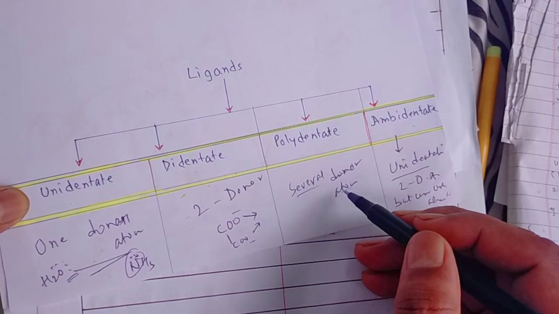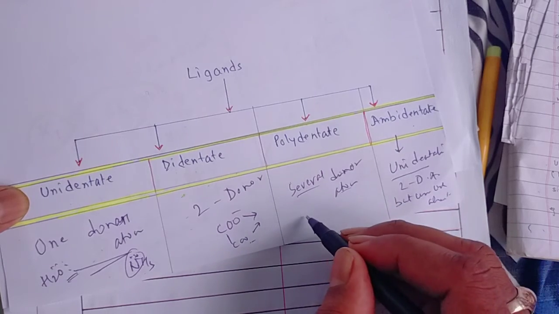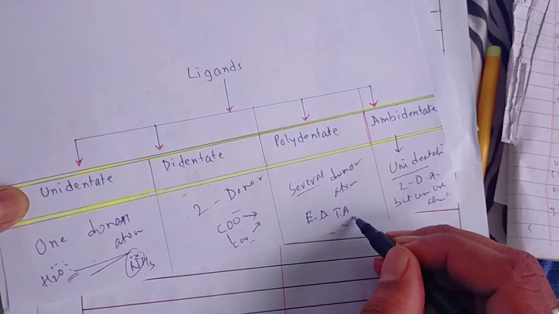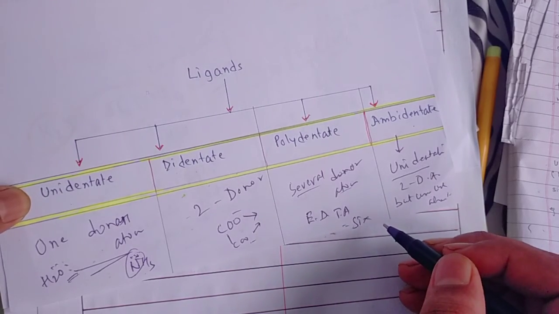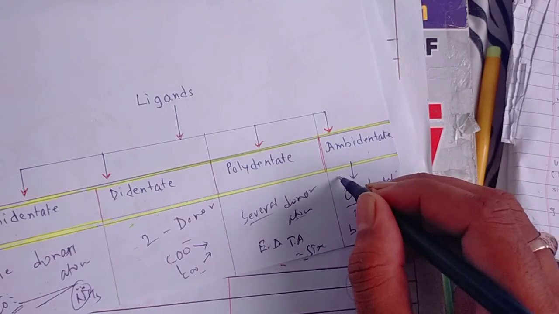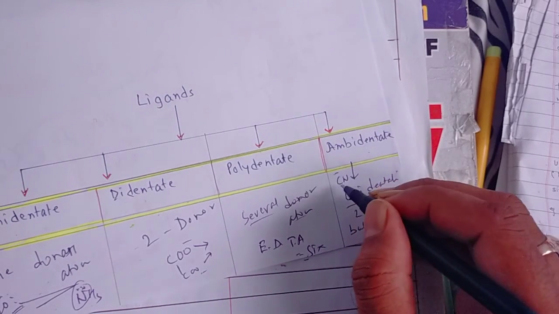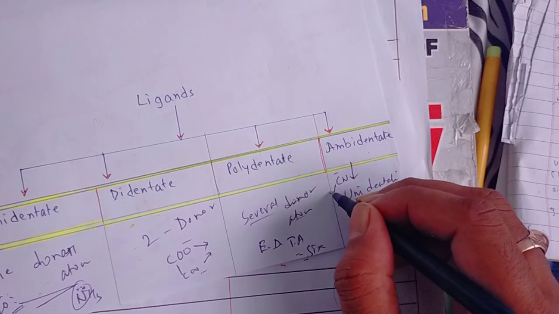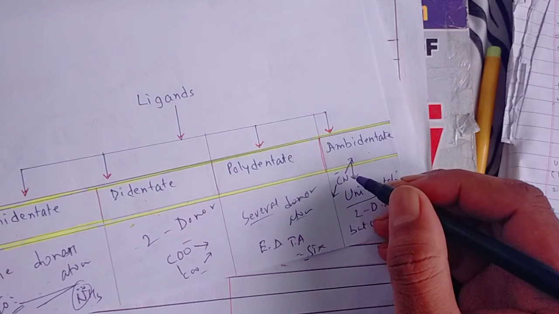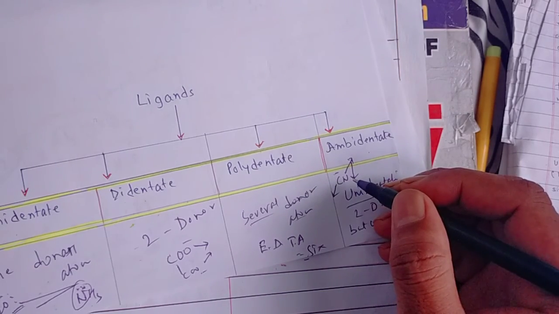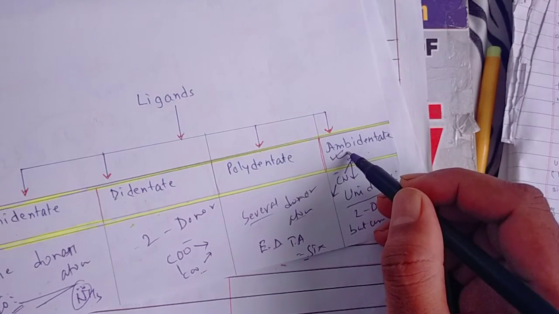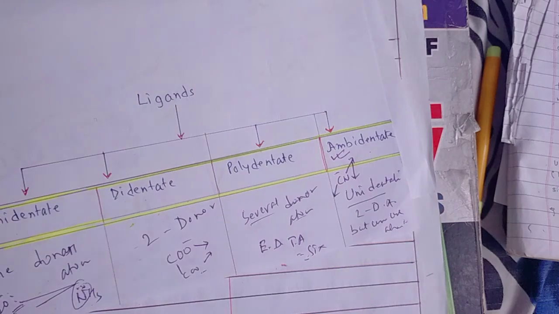Several donor atoms: sometimes it is found that there are more than two donor atoms, for example EDTA having 6 donor atoms. For ambidentate, for example CN negative, sometimes carbon acts as the donor atom, sometimes nitrogen acts as the donor atom, but both at a time do not become donor atoms. So this type is called ambidentate. We'll take them one by one, and things will be more clear to you.